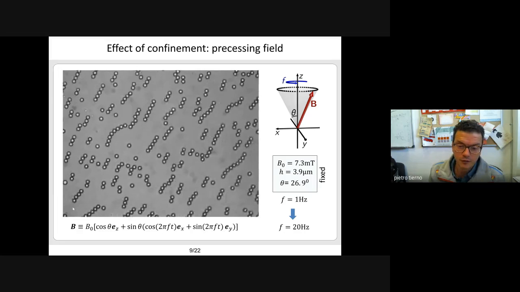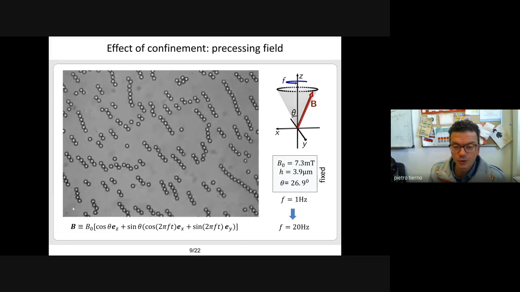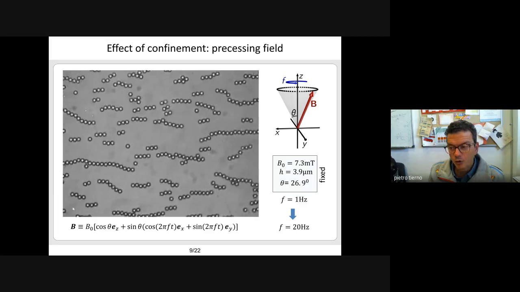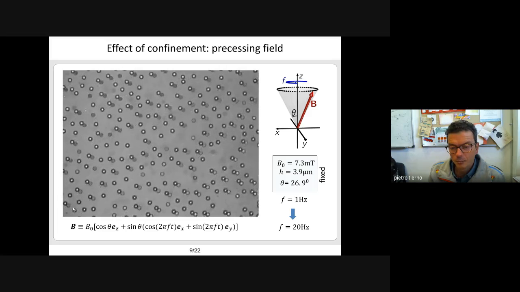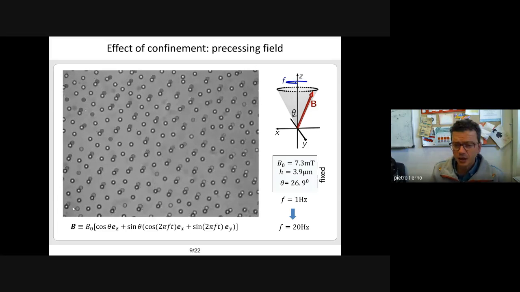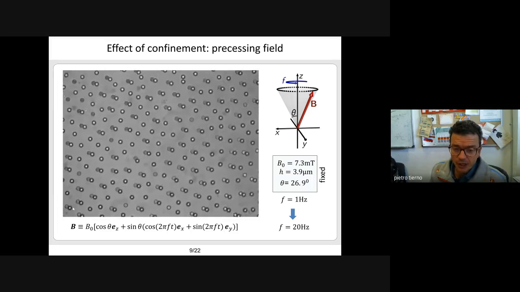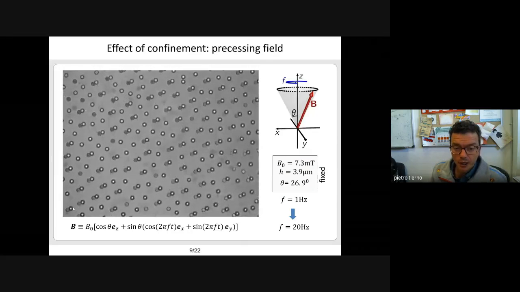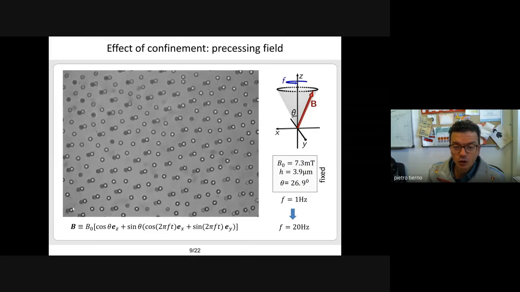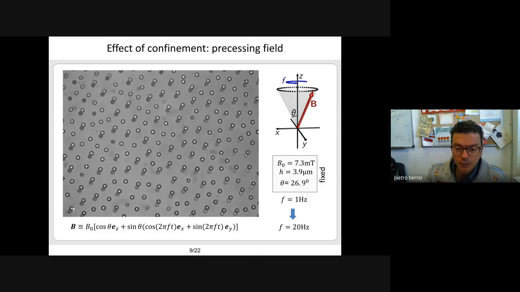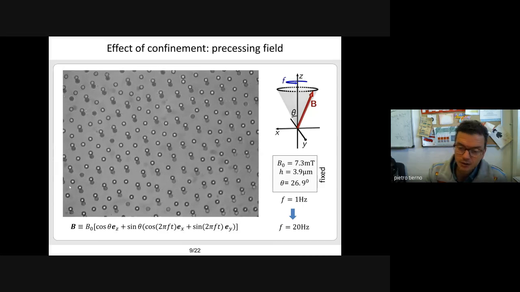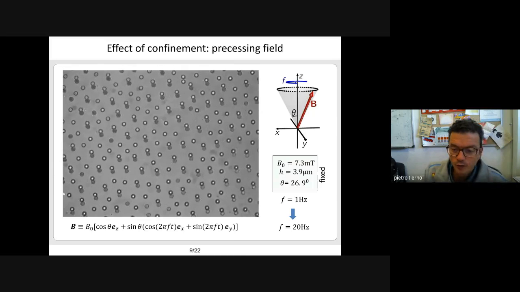Now you have the rotating field in the plane, so you have chains that rotate, and now we are superimposing the perpendicular one. At some point, you see the colloids basically separate, you have these two populations of particles. Some of them got closer to the upper surface, some lower. And you create basically a lattice of dimers.